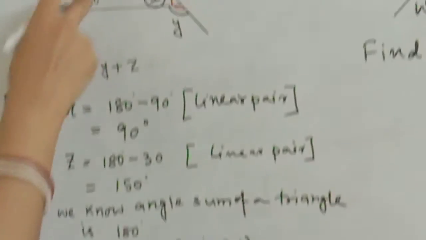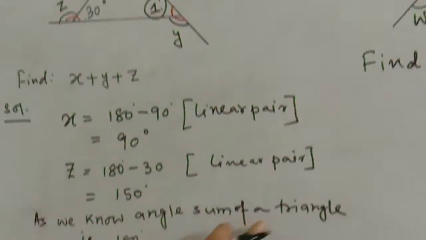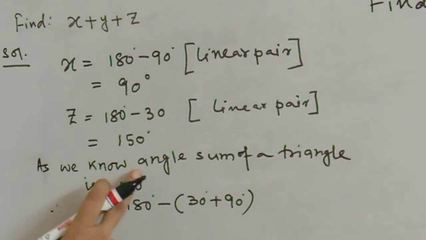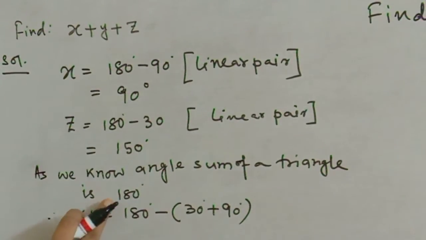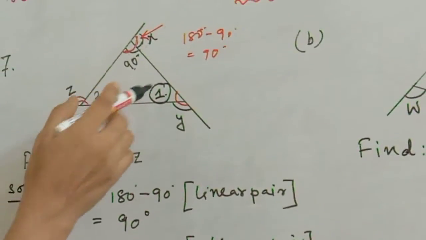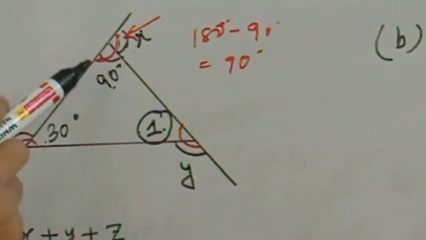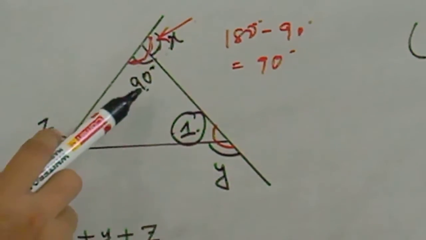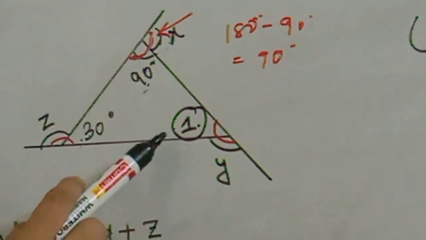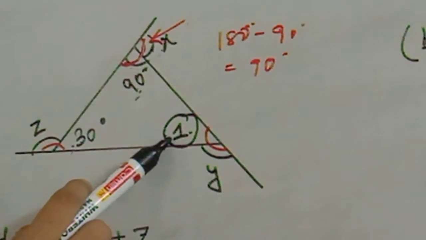Now we know that in a triangle, the angle sum of a triangle is 180 degree. So if I want to find angle 1, I add this 30 and 90 and subtract from 180, I will get this angle.